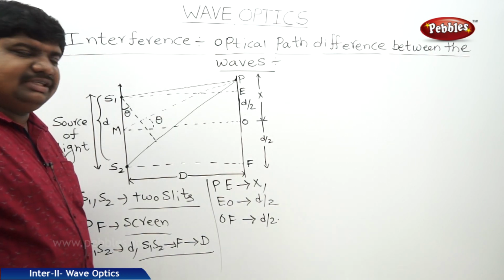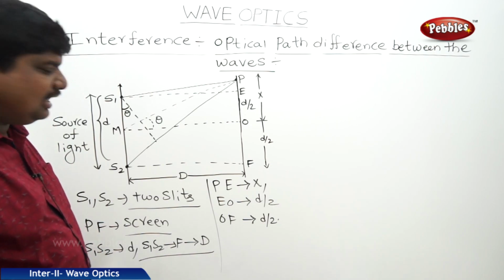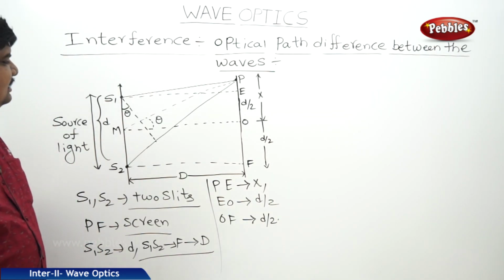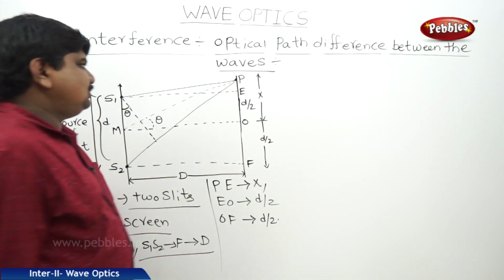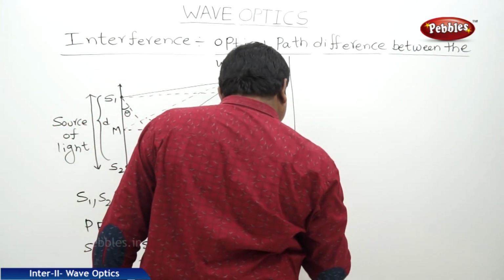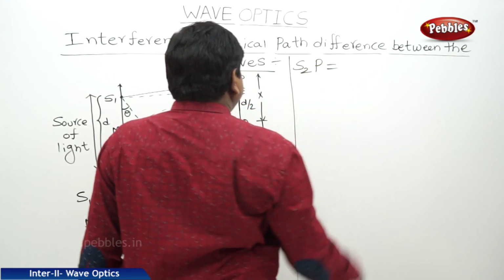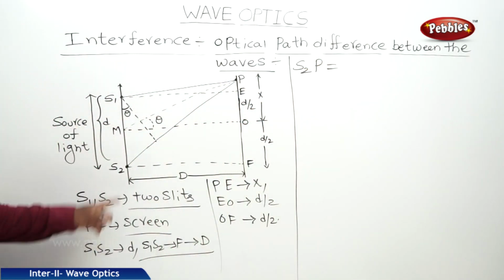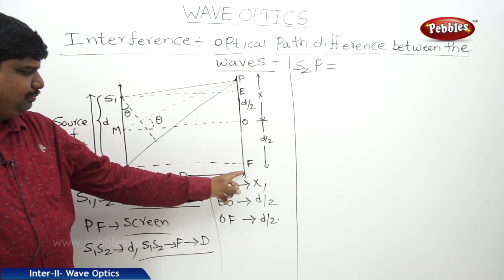So in such situations, what can we understand? We should find out the path difference. Path difference is nothing but S2P minus S1P. So what is S2P? S2P creates a triangle S2PF.